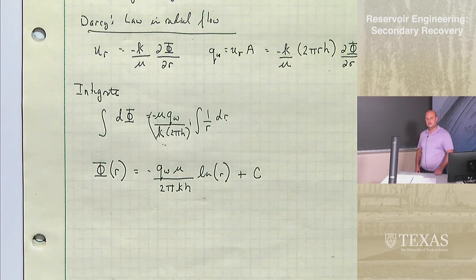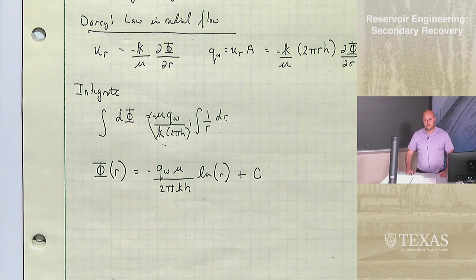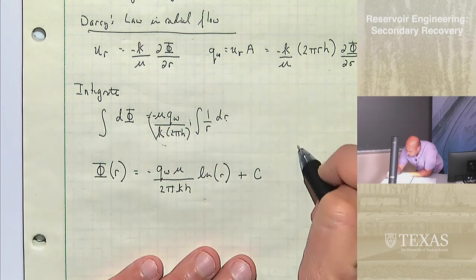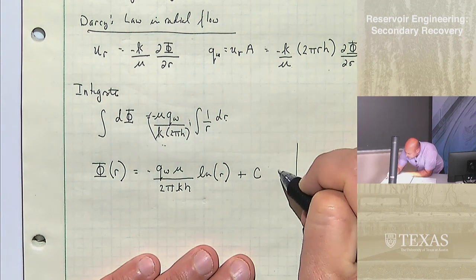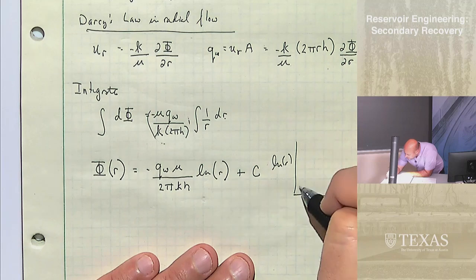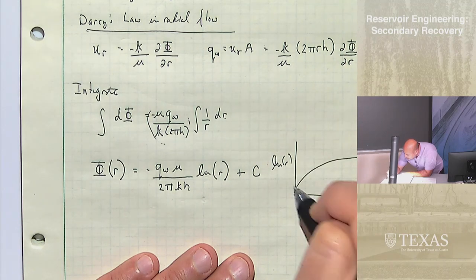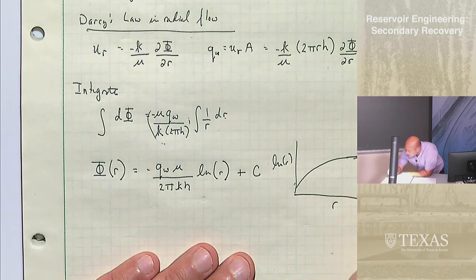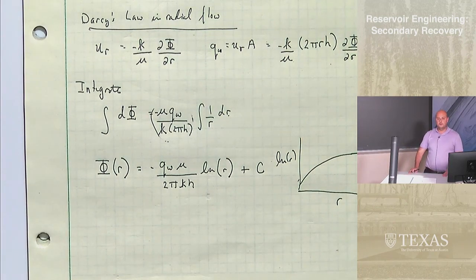And that sort of makes sense, that the pressure is going to change a lot when r is small, but as you go further out, it doesn't change as much, right? Because we know if you were to plot the ln of r versus r, you get something like that, right? And it just sort of slows down as you get further away.